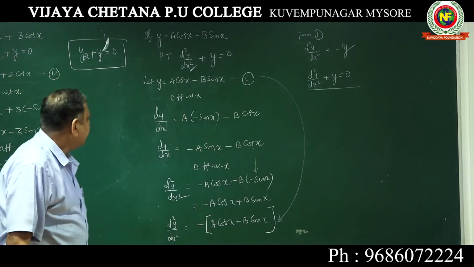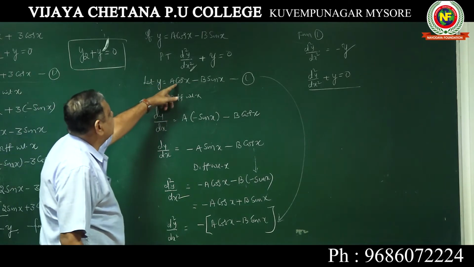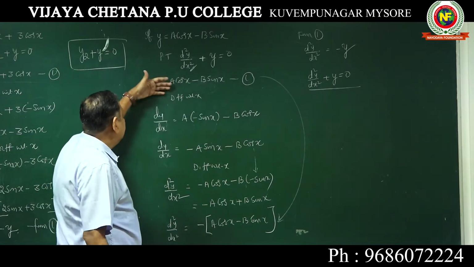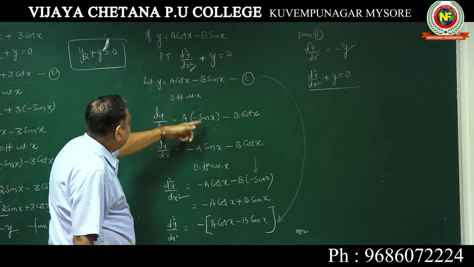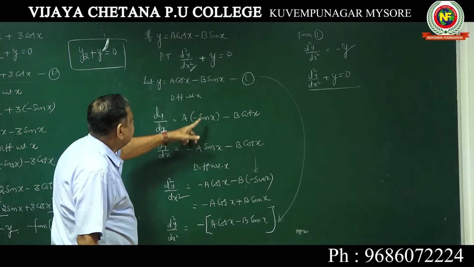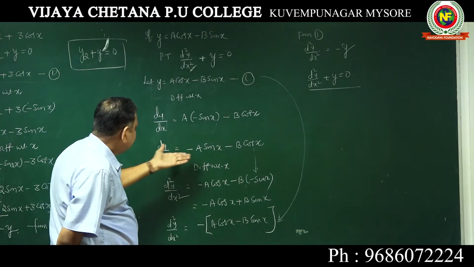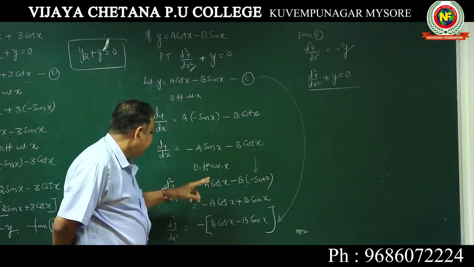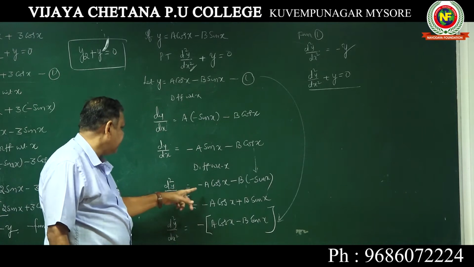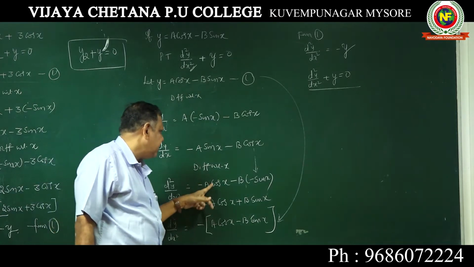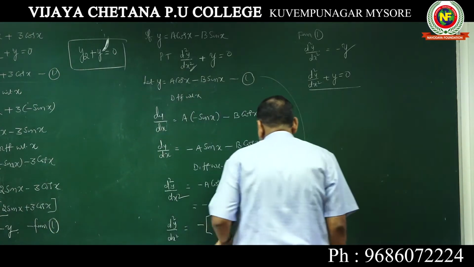Got the solution. I will explain again. Y is equal to a cos x minus b sin x. Call it as equation number 1. Differentiate: a is a constant, as it is, minus sin x, b cos x. dy by dx is equal to, I have simplified with minus sign. Next, further differentiation, d square y over dx square is minus a cos x and minus b minus sin x.